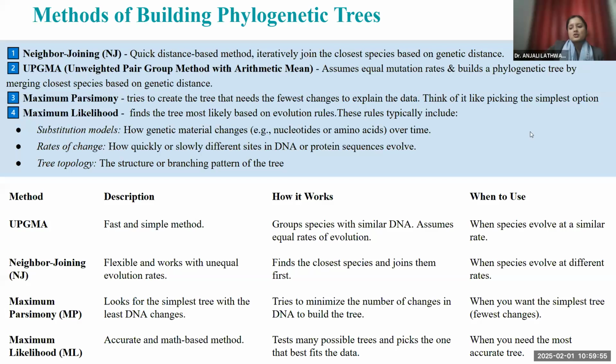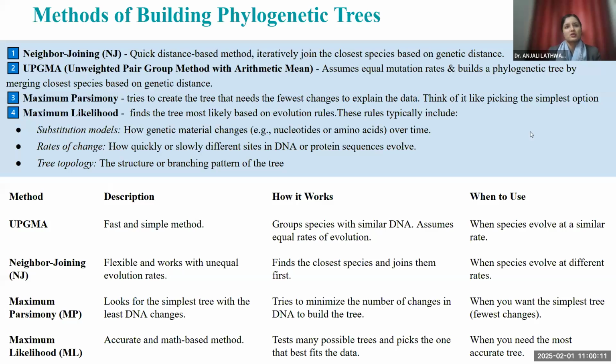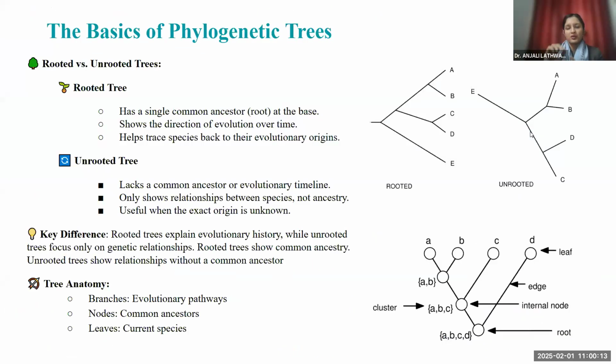So till now we understood what a tree is, what rooted versus unrooted is, right? Basic terms. Now, how do we essentially make these trees? Are there any methods? Of course, there are some methods for building phylogenetic trees. There can be different ways. If I have to make a tree, while arranging your clothes, one would like to segregate them by colors. One would say, okay, I'll put my winter clothes here, others here.